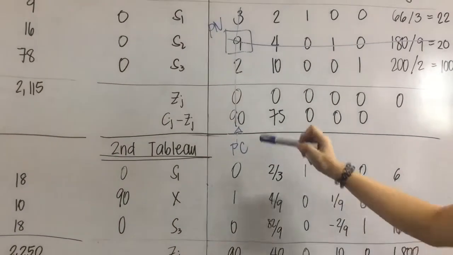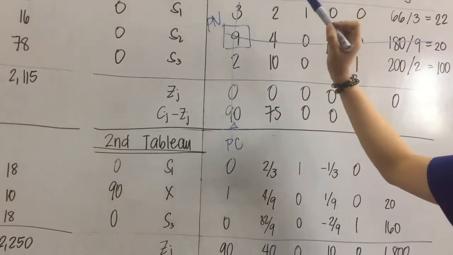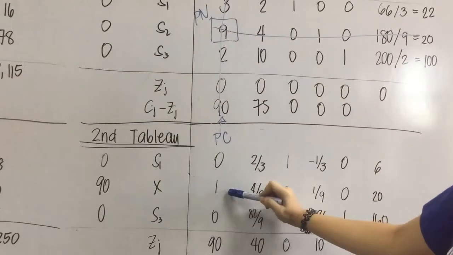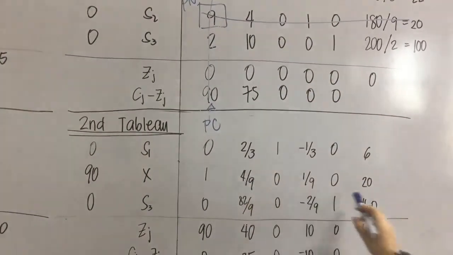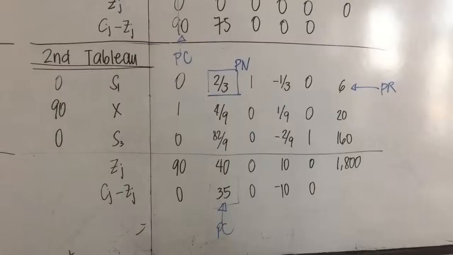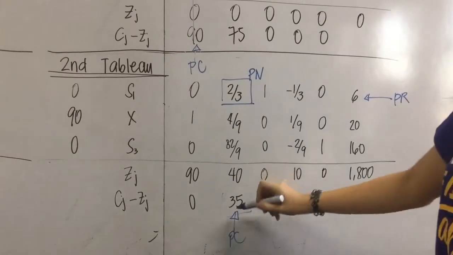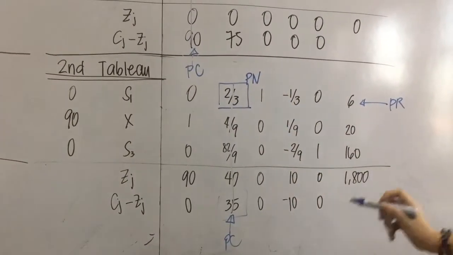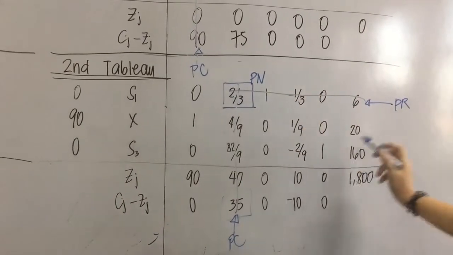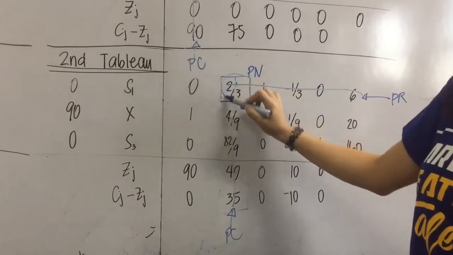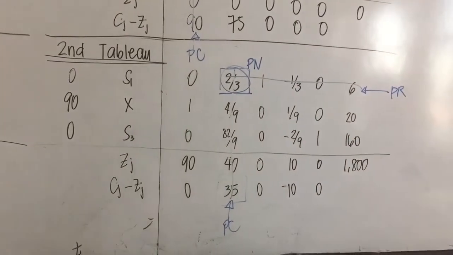So 2 minus 2 times 1 is 0. Then the rest follows. For the second tableau, this is the PC, the pivot column, and this is the PR, the pivot row. And this is now your PN, or your pivot number.